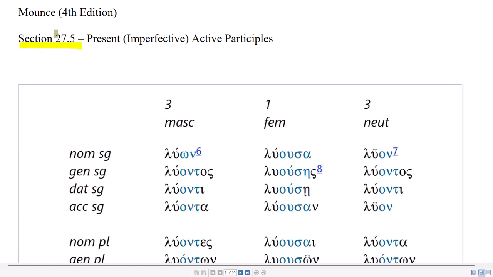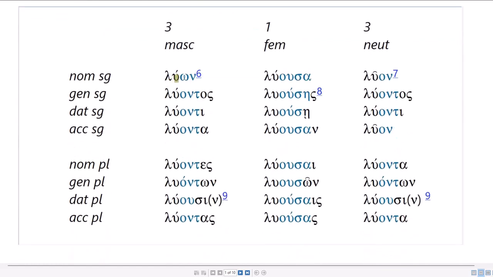This is going to be some present active participles. Let's look at some key features here. So often it's easier to look at the genitive to figure out what's going on with a participle. So here we have the connecting vowel, the omicron, and then we have the participle morpheme, the nt, and then we have our third declension ending here, as.